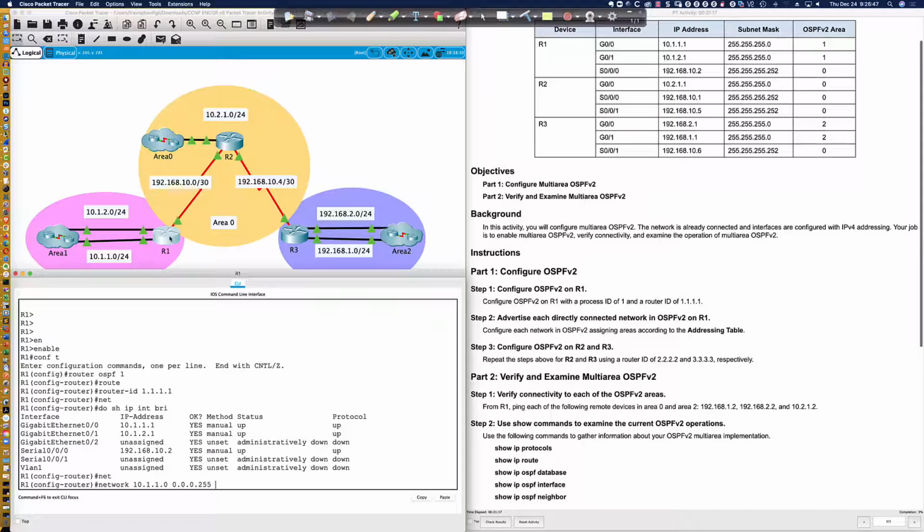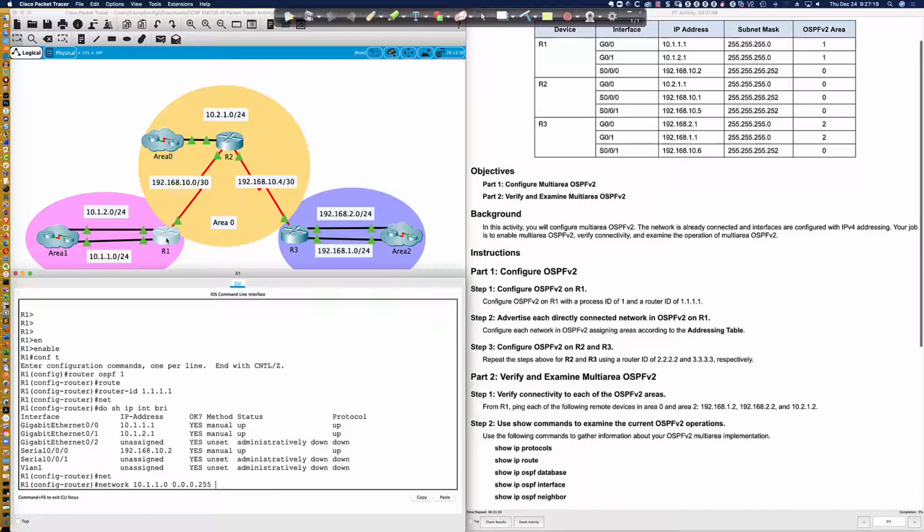Now, by definition, an OSPF router that has an interface in area 0 and at least one interface in a non-area 0 area, i.e. area 1, area 2, area 51, area whatever, something other than 0, this by definition is an area border router, an ASBR.